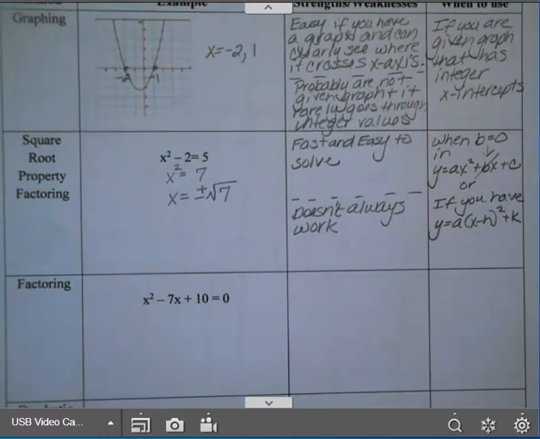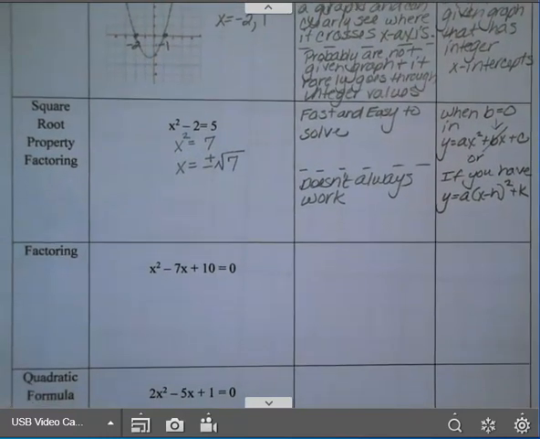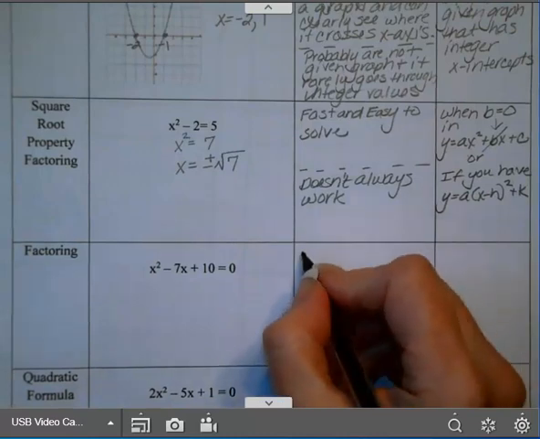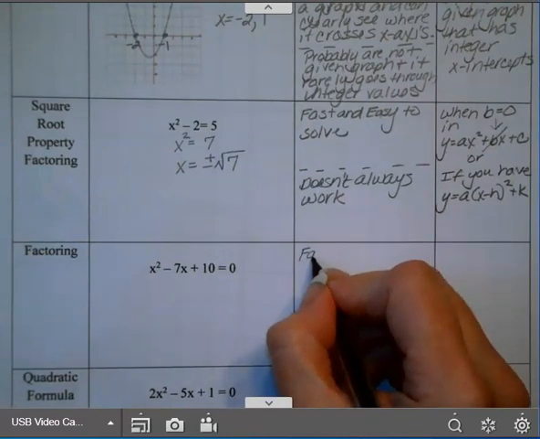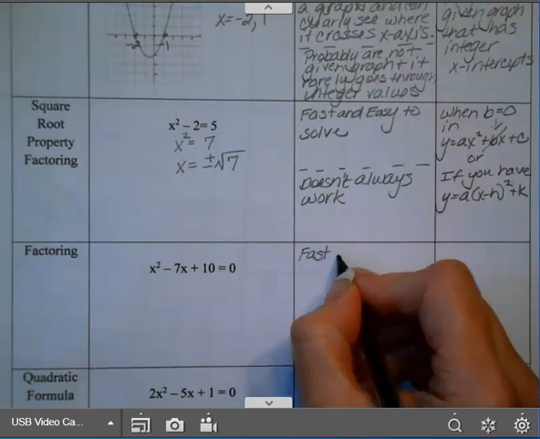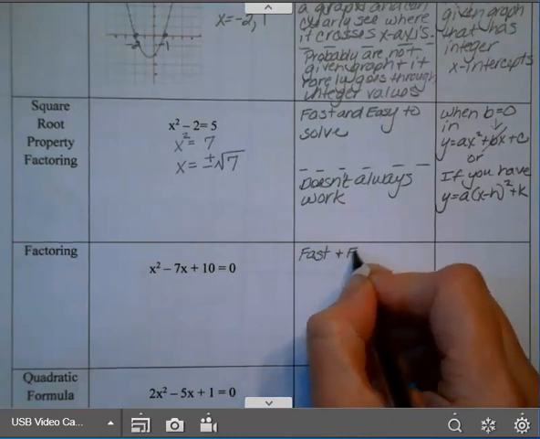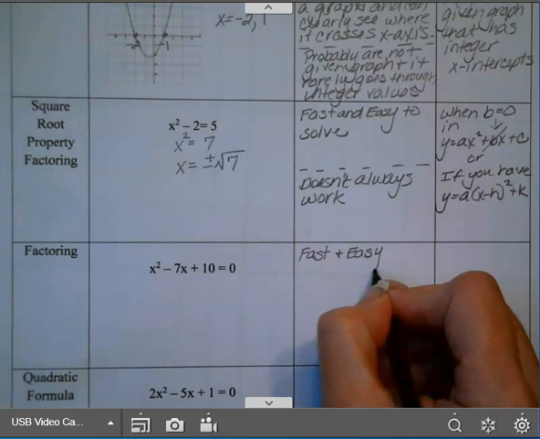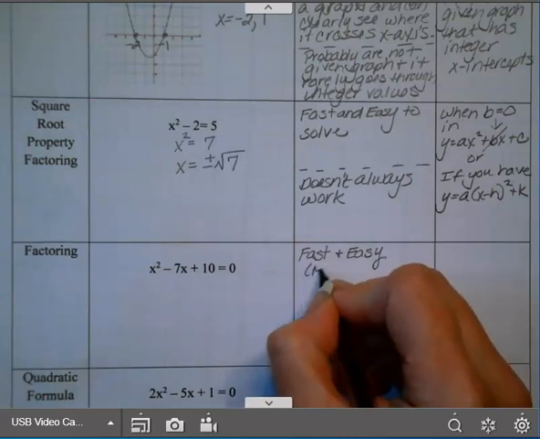Another method is factoring. And factoring, I think, is fast and easy. Some people might say this is a medium difficulty.